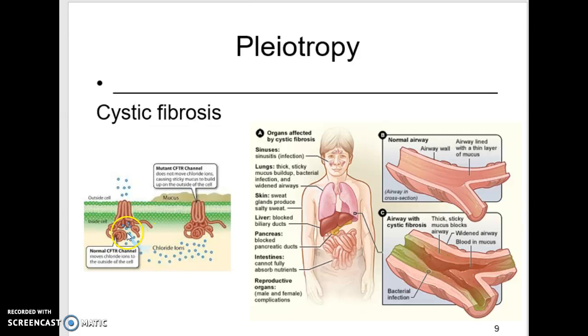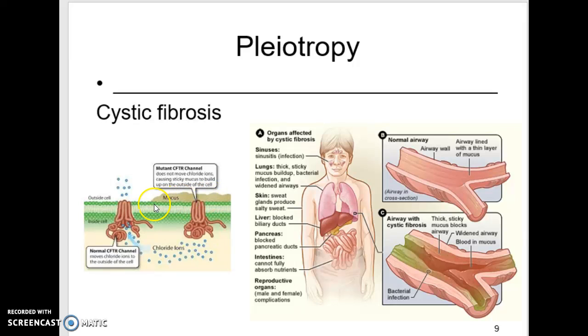And the normal channel allows chloride ions to diffuse out through the cell membrane and outside of the cell, causing mucus and bacteria and things like that to literally just get washed away from the cell. If you have a mutation of that single gene, that one allele, and your CFTR channel is not correct because it's built differently, chloride ions do not diffuse out.